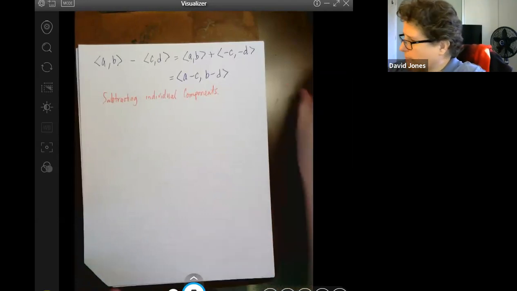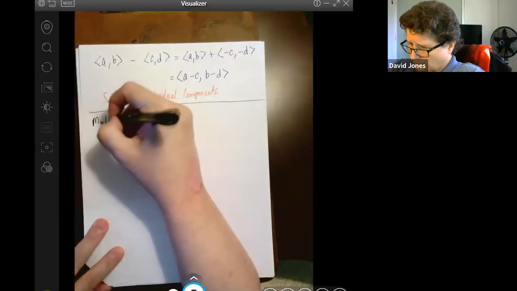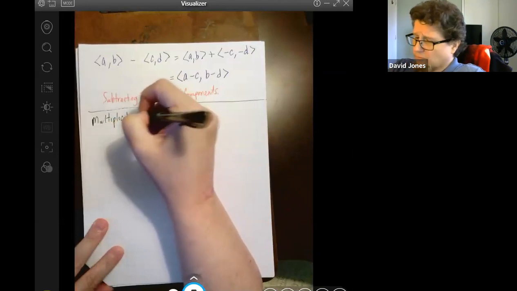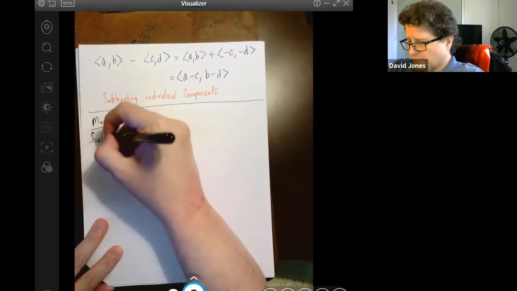And then we can look at multiplication. We have our scalar multiplication.